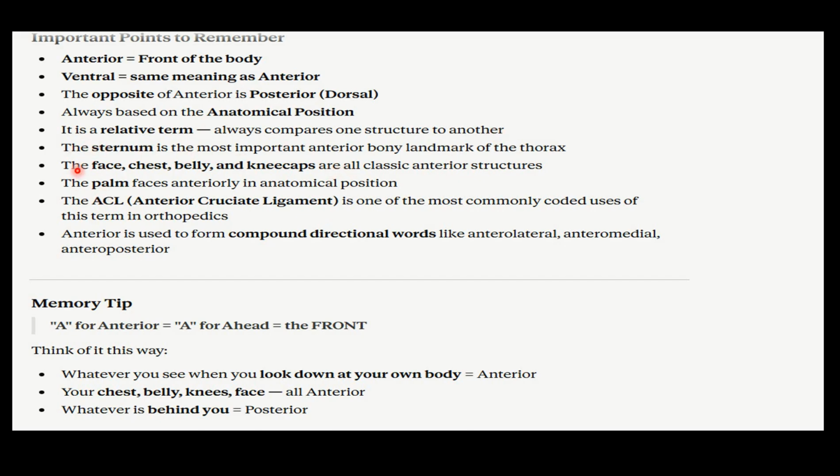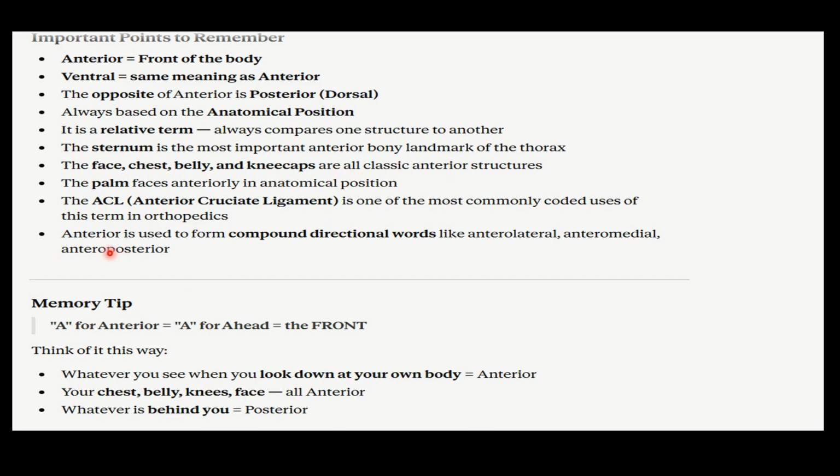Then I have noted down a few examples, like the sternum is the most important anterior bony landmark of the thorax, right? The face, chest, belly and kneecaps are all classic anterior structures. Yes, because they are towards the front. The palm faces anteriorly in anatomical position. That is true. The ACL, which is called anterior cruciate ligament, is one of the most commonly quoted uses of this term in orthopedics, right?